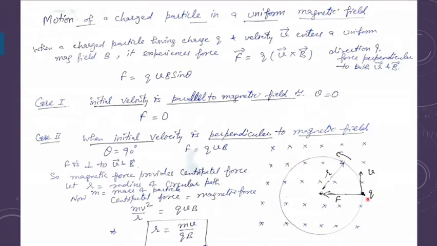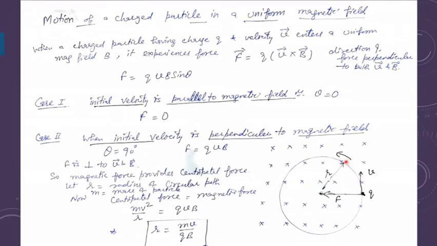Then the magnitude of the force is given by qvB. F is perpendicular to v and B, and we can find the direction by using the right hand screw rule. This magnetic force is providing the centripetal force, and the particle is able to move in a circular path. Suppose r is the radius of the circular path and m is the mass of the charged particle.